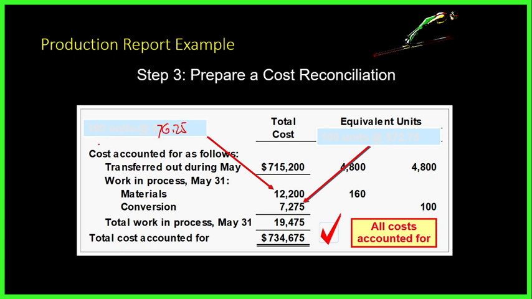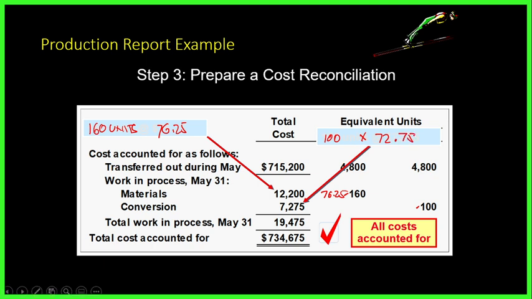76.25 times 160 units. Then what about this? This is actually 100 units times 72.75.